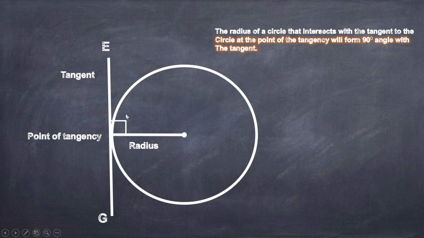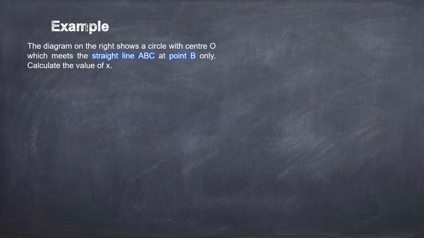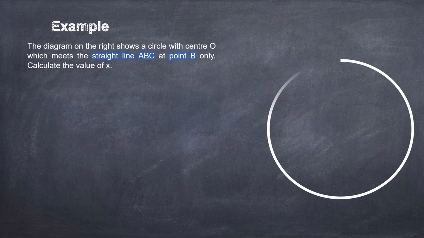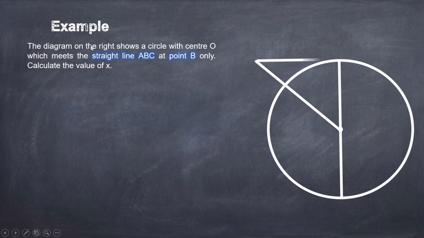So next, here's the example. The diagram on the right shows a circle with center O, which meets the straight line ABC at point B only. Calculate the value of x.